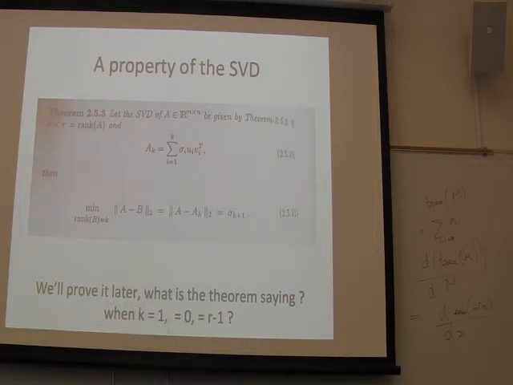Otherwise, x has some components which lie along E1, some which lie orthogonal to E1. And your output is going to be lambda 1 times x dot E1, the inner product, plus lambda 2 times x dot E2, and so on and so forth. So if you want to maximize this, since lambda 1 is the highest, just put more weight along E1.